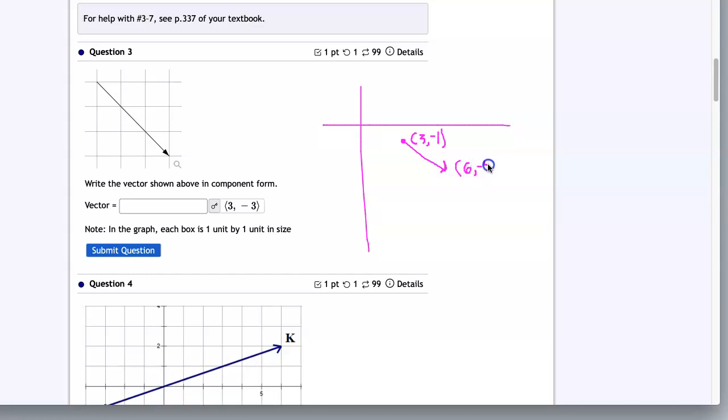The points that I am using here are written as points from geometry. They have the curvy sides of parentheses. And the curvy sides of the parentheses just tell me a point. They tell me where the vector begins and where the vector ends.